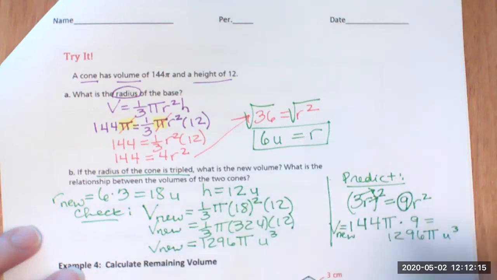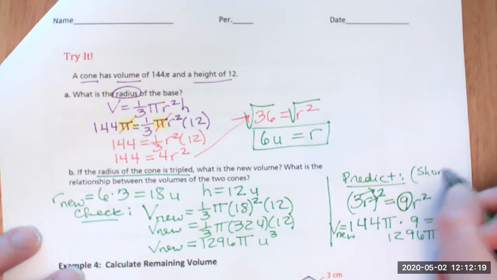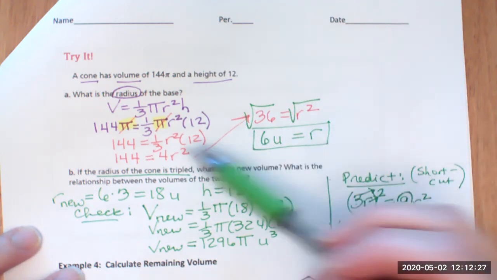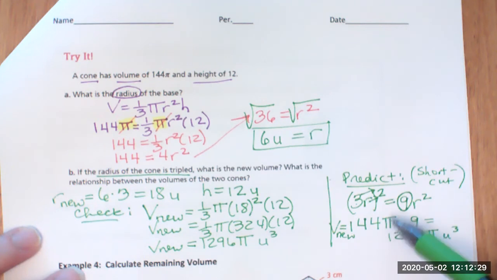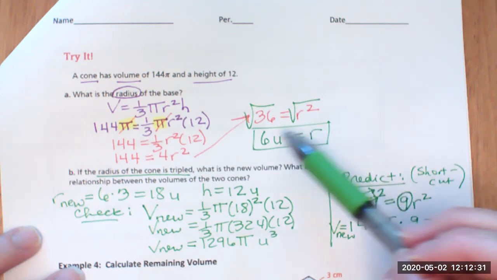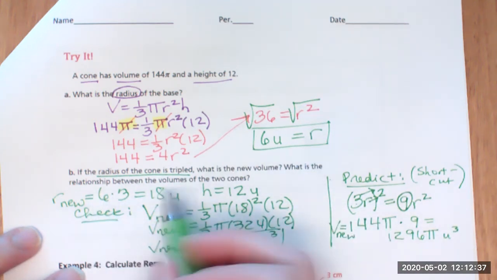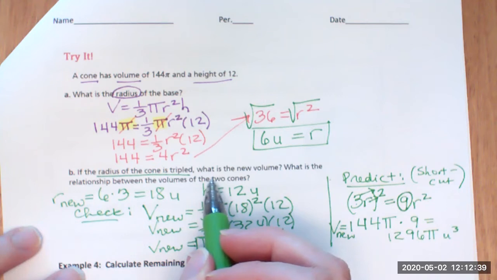So what I'm saying here is what we did over here is really the shortcut, okay? If you can follow that, if you understand that we squared 3 to get 9, you're really taking the volume and multiplying it by 9 when you're multiplying the radius by 3, okay? This is the new volume. So what's the relationship between the volume of the two cones?